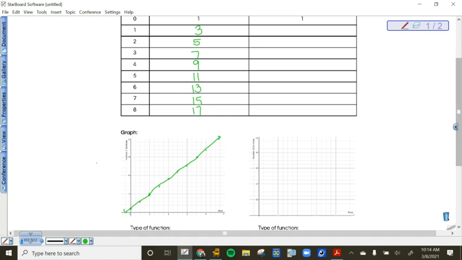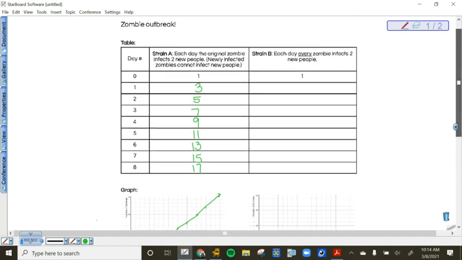Now let's go back and look at strain B. So in this strain, which is more realistic, each day every zombie infects 2 new people.